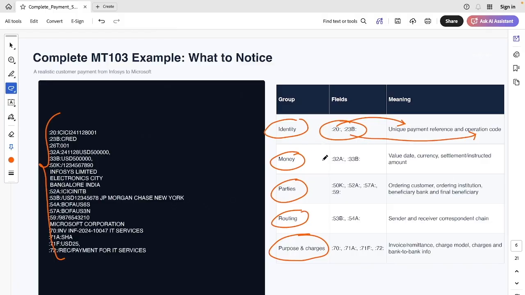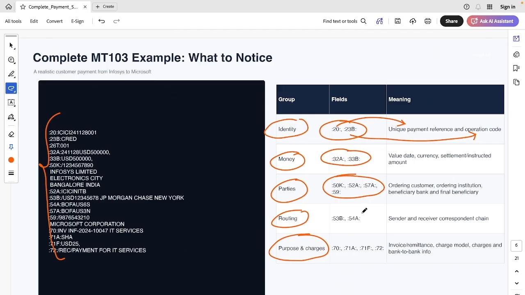Second group is money. These two fields involve money. The third group is parties. These fields talk about the parties that are involved, for example the beneficiary, the sender, the beneficiary bank, the sender bank, and so on. The fourth group is routing.